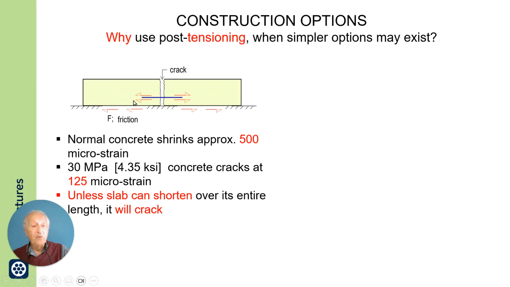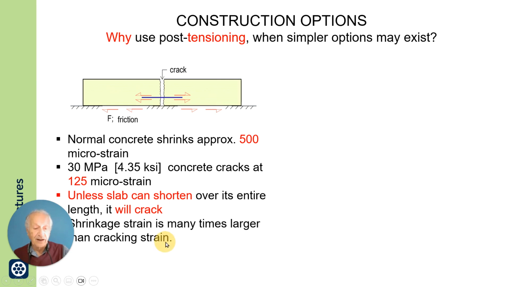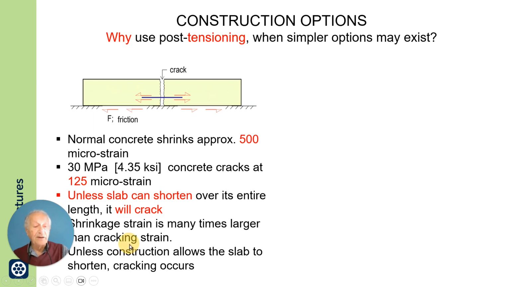So one option is to put rebar. The other option is to put the slab on rollers. If you put it on rollers, or if you allow it to move, obviously it will shrink and it will not crack. Shrinkage is many times larger than cracking strain.